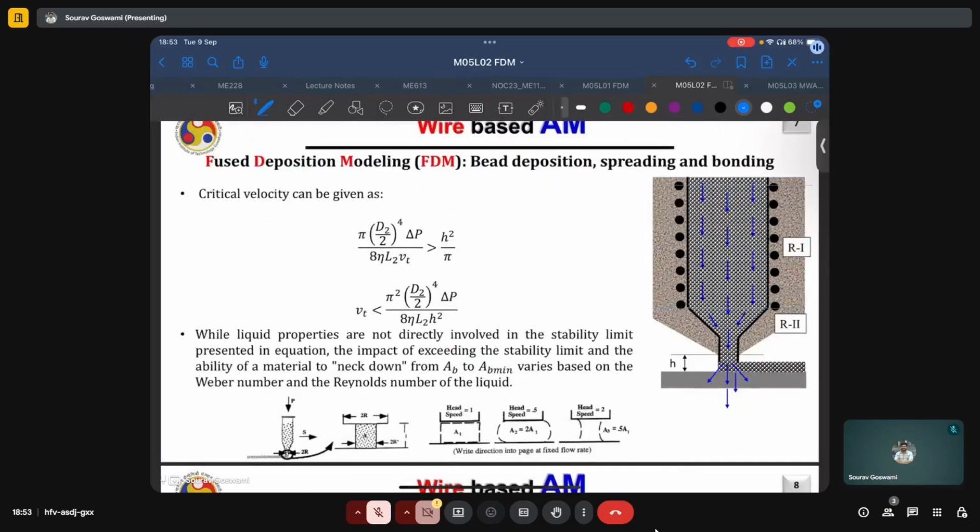We also have an expression for this critical velocity, and in the limiting case, it is equal to pi square d2 by 2 power 4 del v by 8 eta L2 s square.